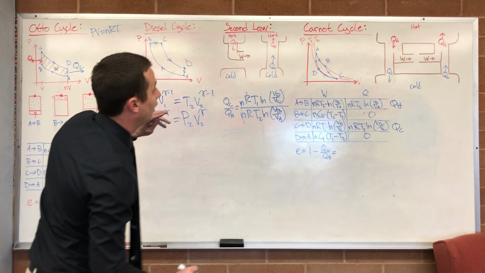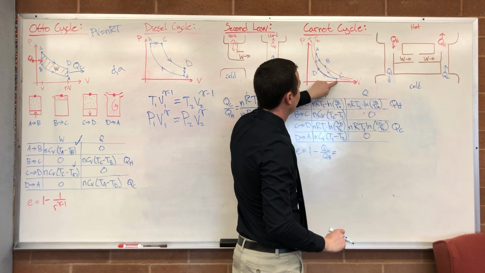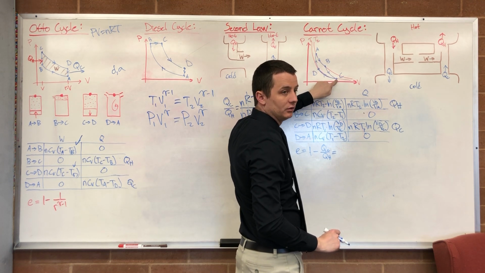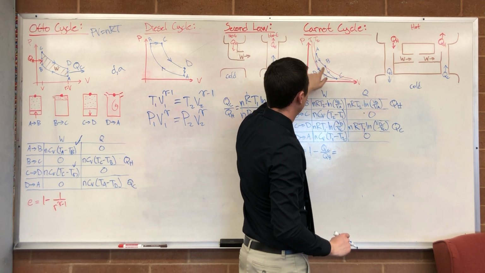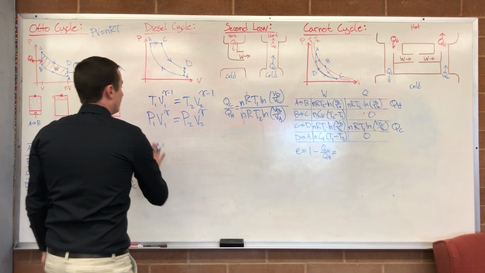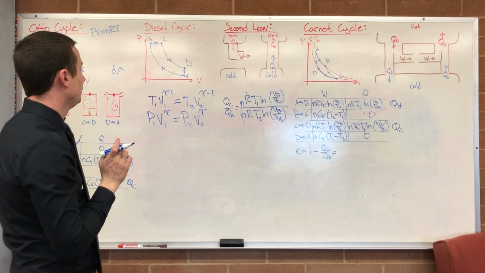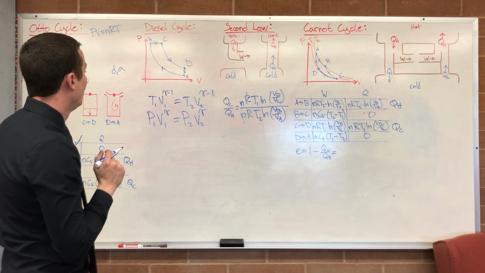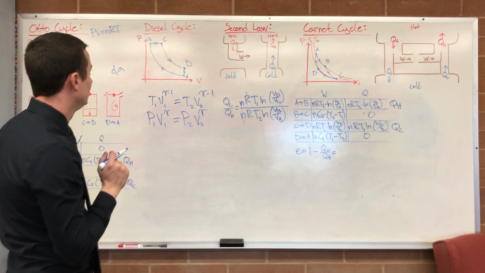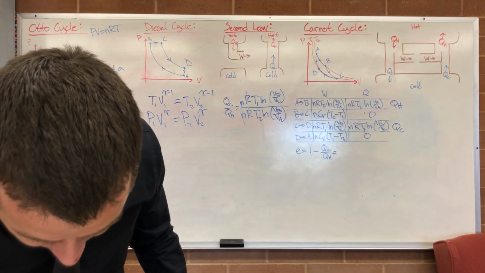So B to C was an adiabatic process, and D to A was an adiabatic process. So, looking at these relationships for adiabatic processes, from B to C, not sure which one of those are better to use.